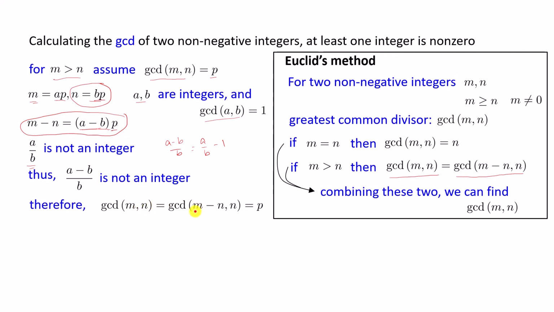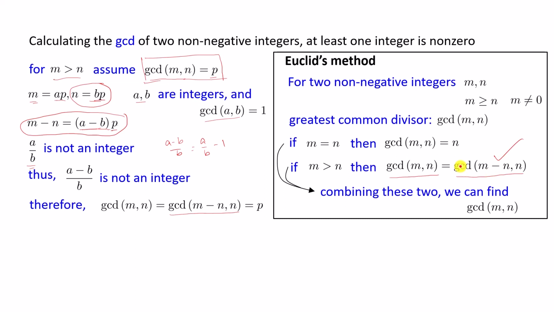Therefore, GCD of m minus n and n is p. So now we have assumed here that GCD of m and n is p, and based on that assumption, we see that GCD of m minus n and n is also p. Therefore, this part is now proved. So we have confirmed that Euclid was right about this.